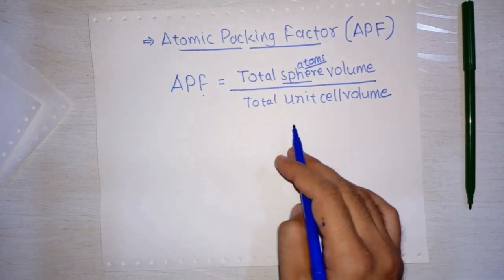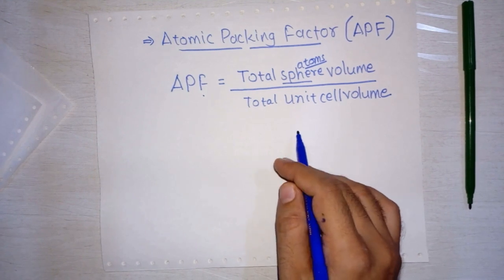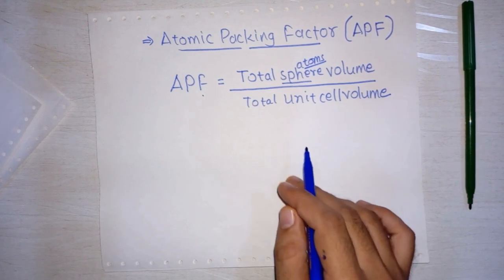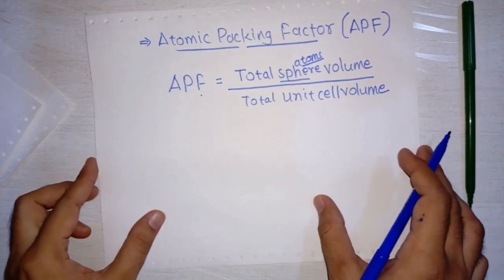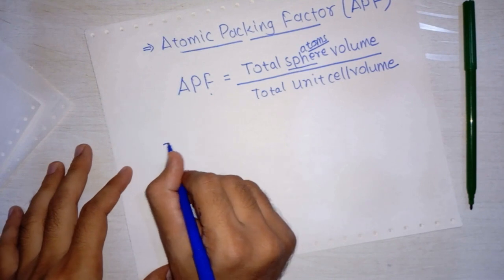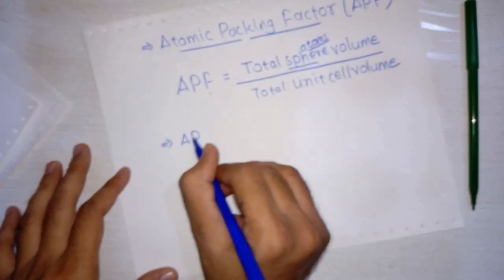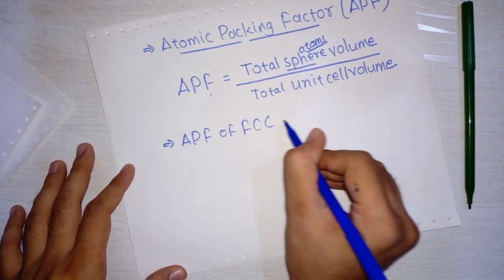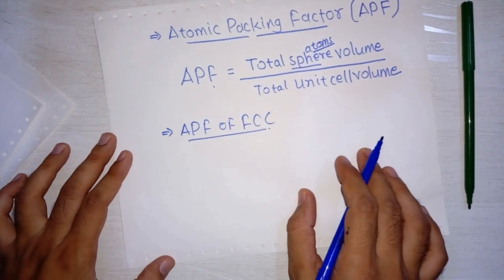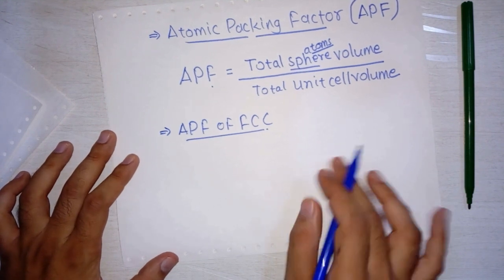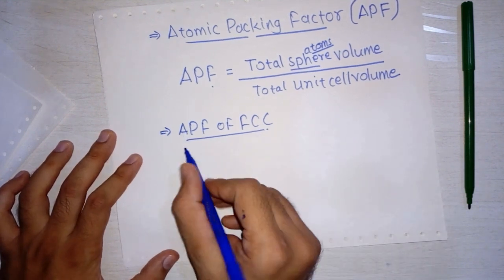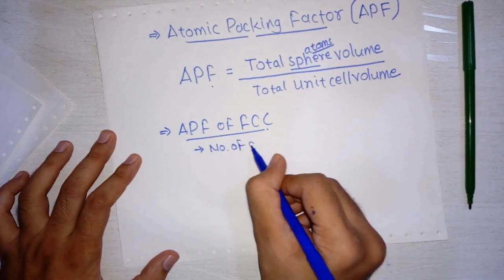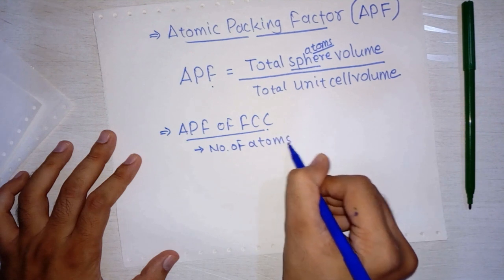So let's see how to find this atomic packing factor. Let's start with FCC, the APF of the FCC structure. For calculating APF, we first have to find the number of atoms per unit cell.